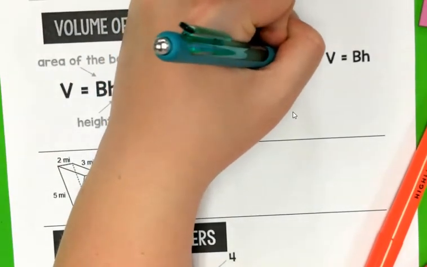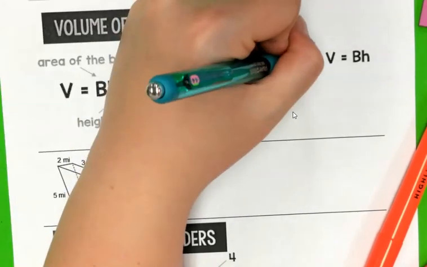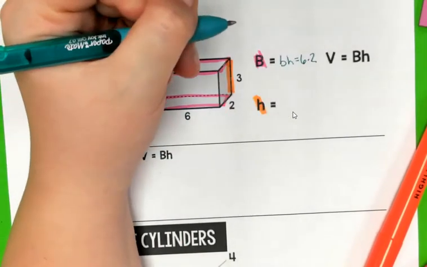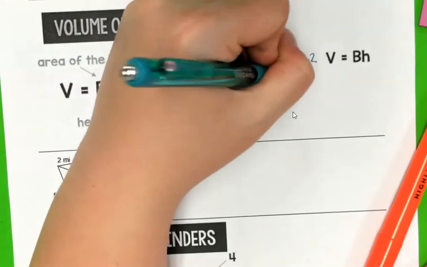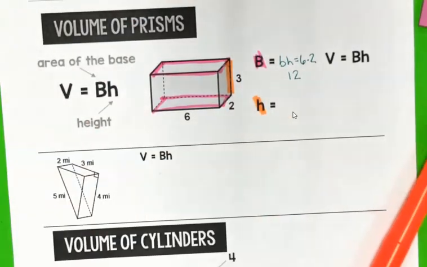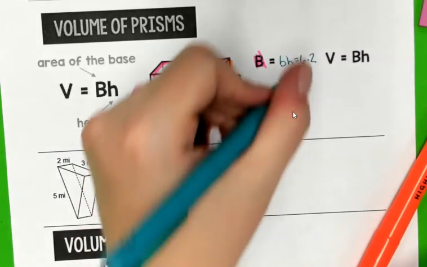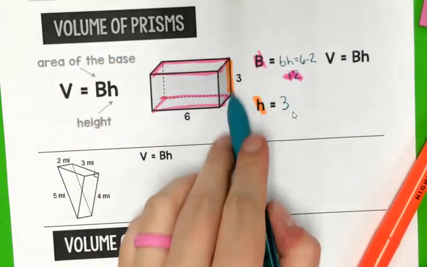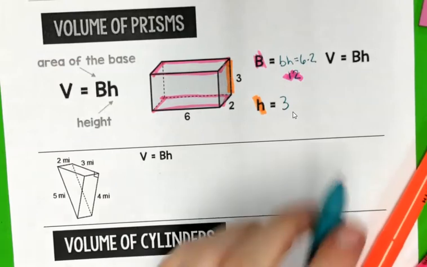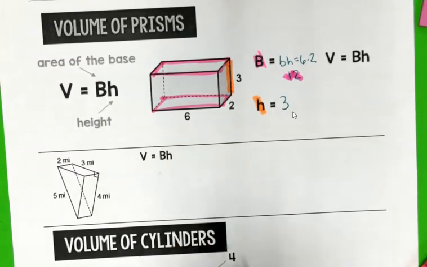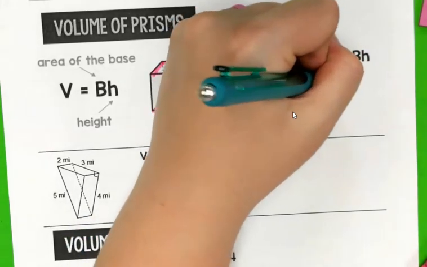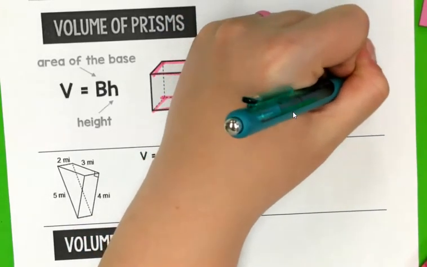So base times height equals 6 times 2. So our big B is going to be 12. Easy. Our height is 3, because that's how far apart our two bases are. And then all you're doing is simply volume equals 12 times 3.